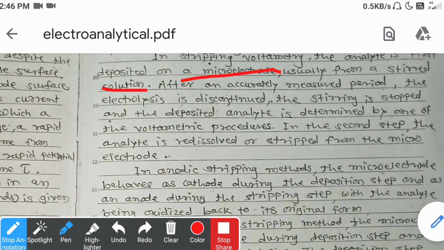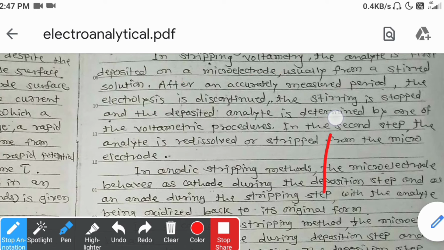After an accurately measured time period, the electrolysis is discontinued, and this step is also called the pre-concentration step. So hold this: from the first deposition of the analyte onto the microelectrode by electrolysis, with stirring of the solution, up to stopping the stirring and discontinuing the electrolysis at a particular time interval, all of these steps are incorporated into the pre-concentration step.